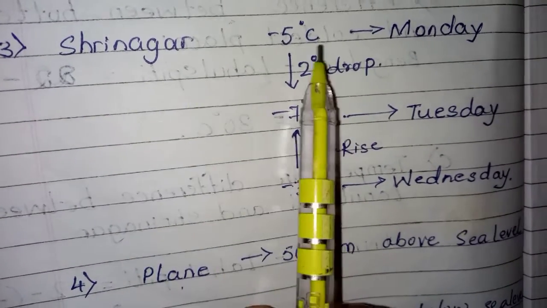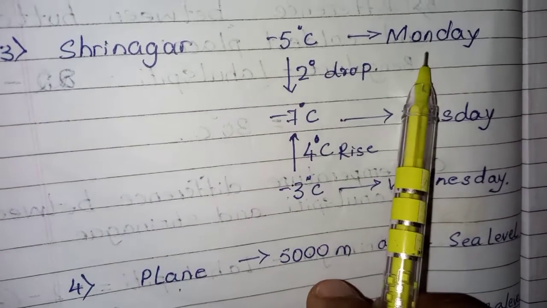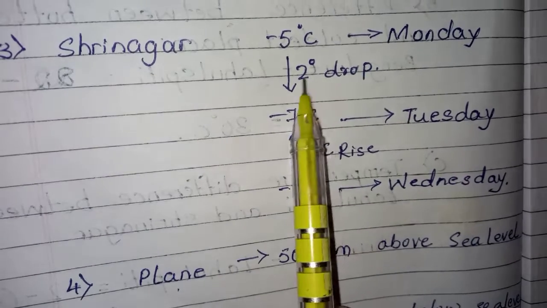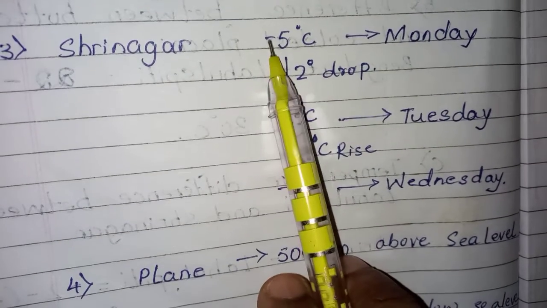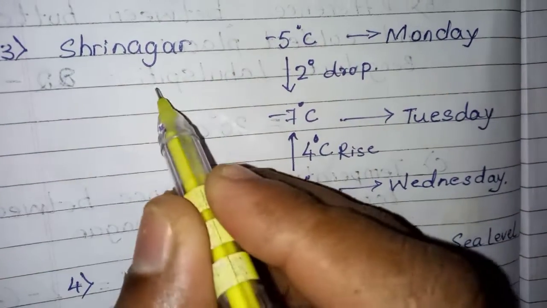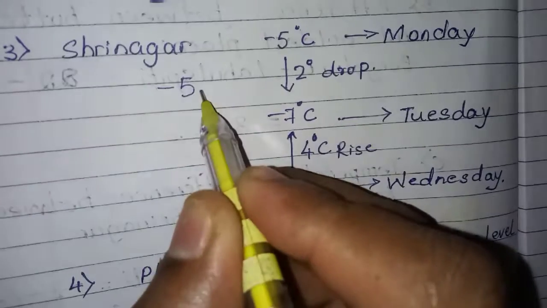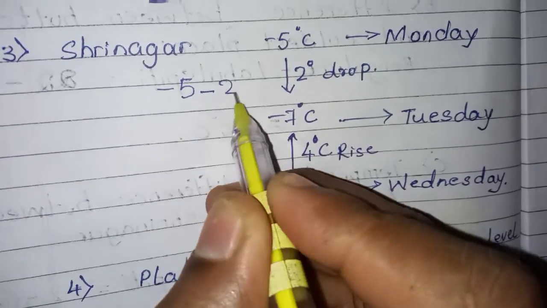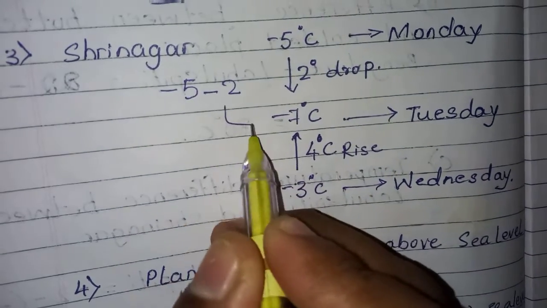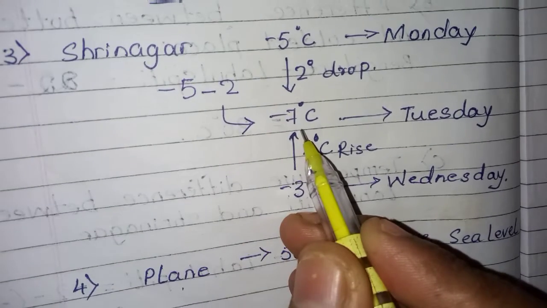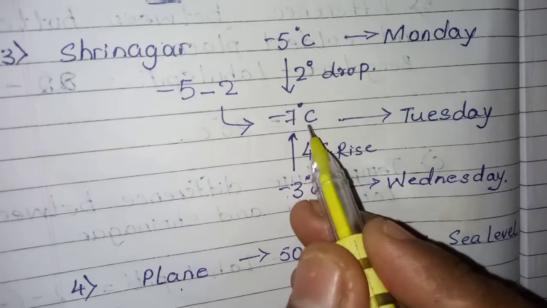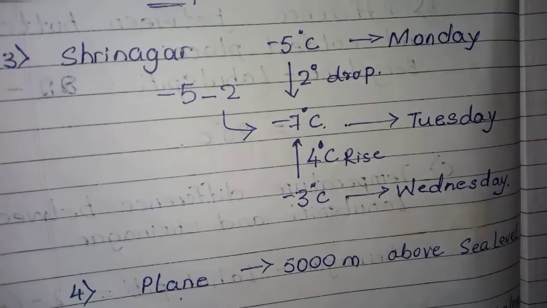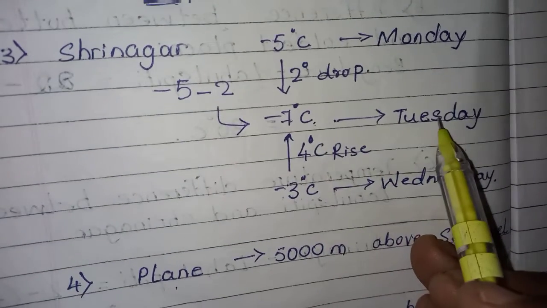Srinagar was minus 5 degrees on Monday and then there is a 2-degree drop, so minus 5 minus 2 gives me minus 7. The answer is minus 7 degrees on Tuesday.